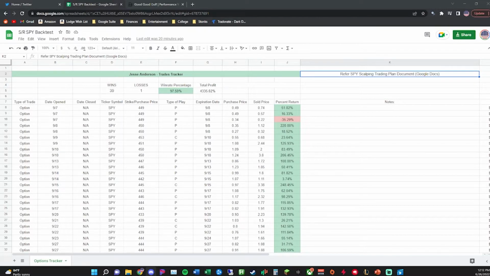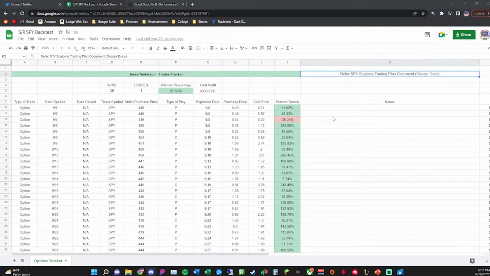But you can go on demand and backtest, and then you would find a setup that you like to see, and then you would buy a contract with high volume, and then fast forward a couple minutes, and then reanalyze what your setup's looking like. So if you're going up or down, or if you need to average down, etc.